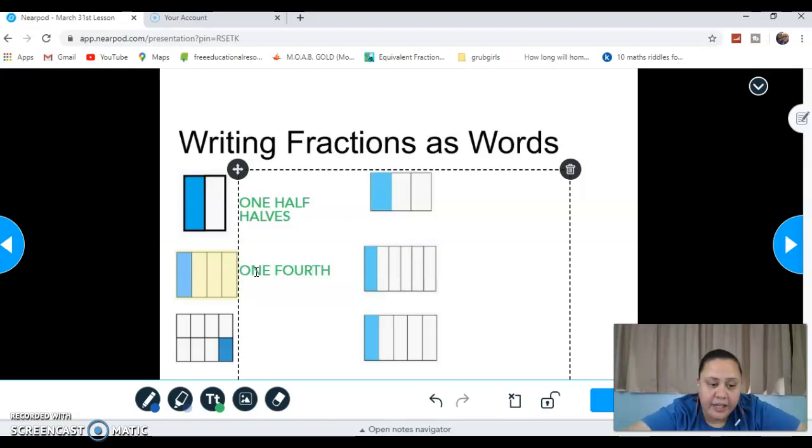If 2 were shaded, they would be 2/4. 3/4. If they're more than 1 piece, you add the S to the word. Here we have eighths, not 8, we have eighths. So here this is 1/8.